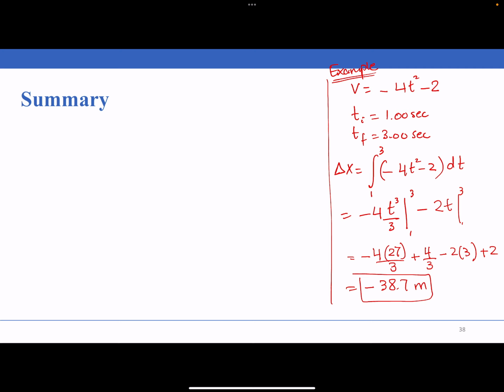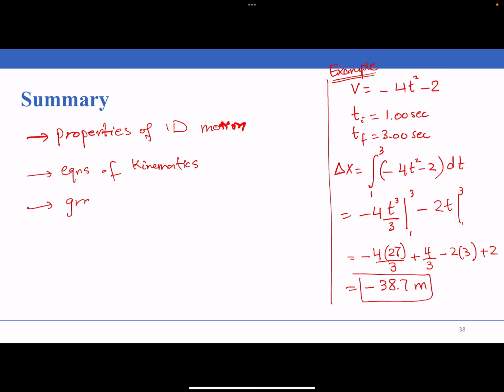That brings us to the end of chapter 2. We talked about a couple of different things: properties of 1D motion. We talked about the equations of kinematics, those 4 equations and how to apply them.